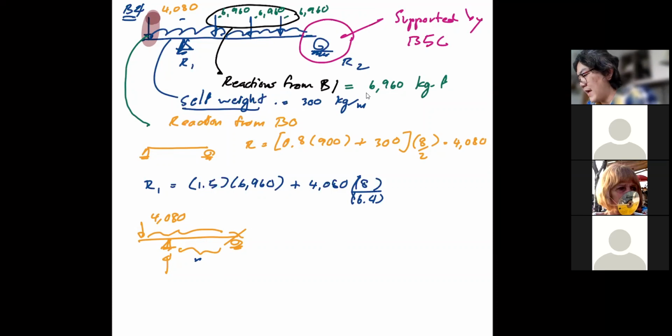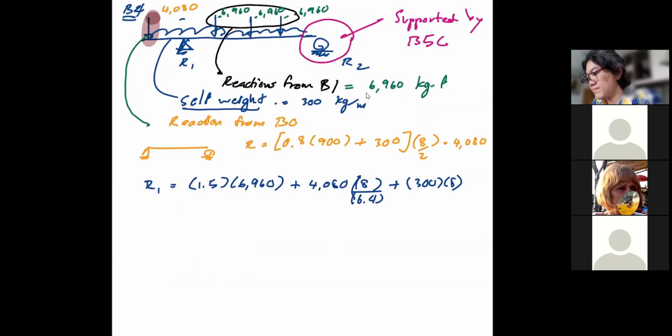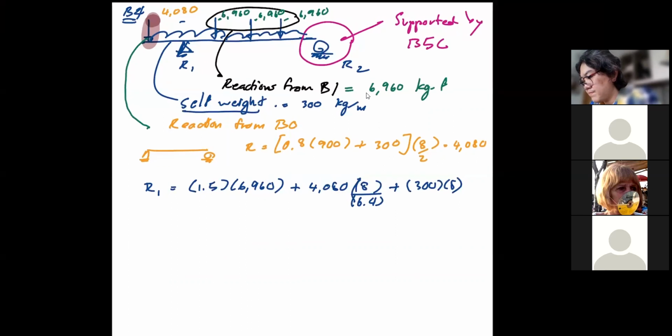And then I can do the same with the uniform load, because the total uniform load is 300 multiplied by 8. And then if it is a uniform load, let me erase this one. It's a uniform load.